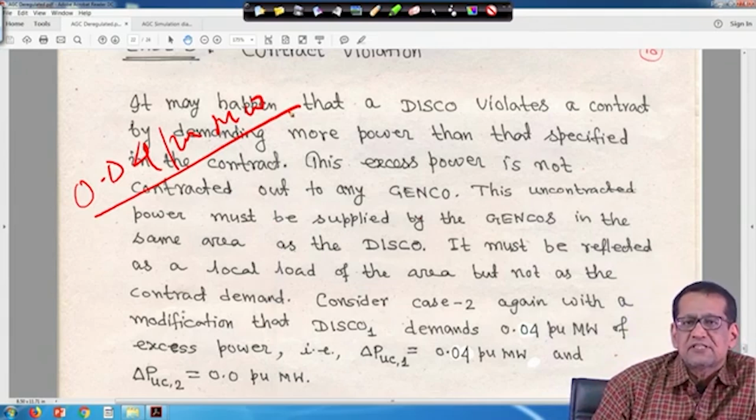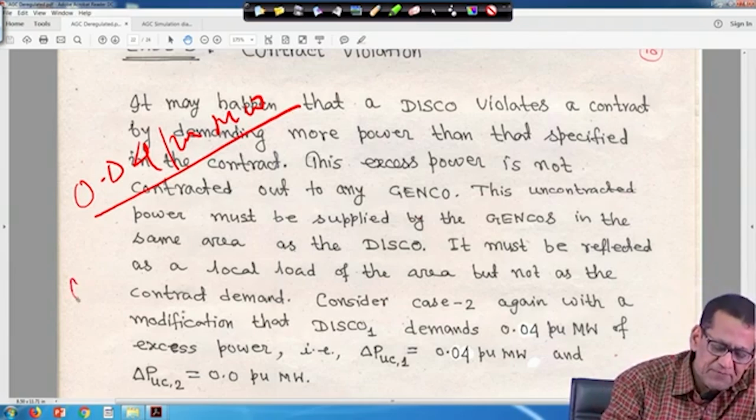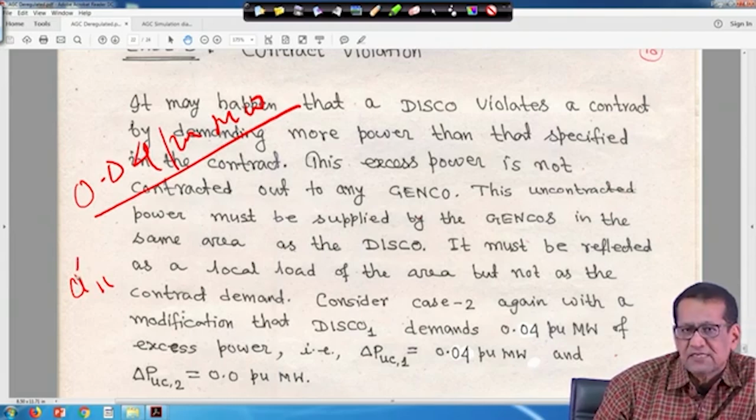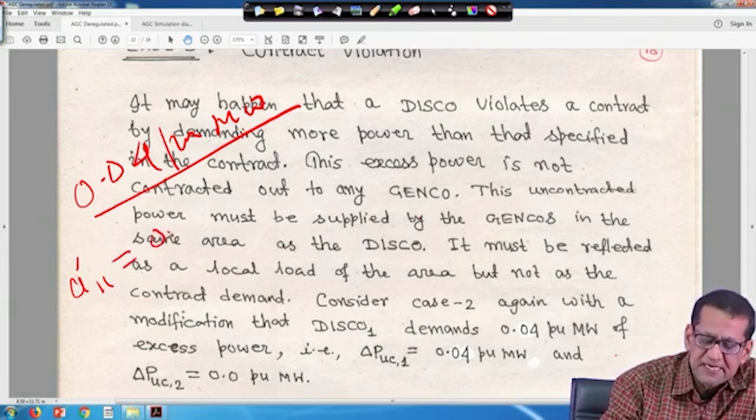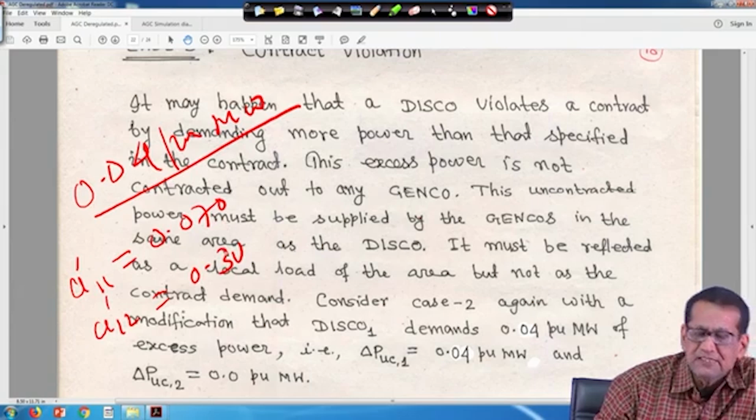It depends actually on the AC participation factor. For example, suppose you choose in area 1 AC participation factor for GENCO 1, say it is 0.70, right, and A dash 12 suppose it is 0.30, total has to be 1.